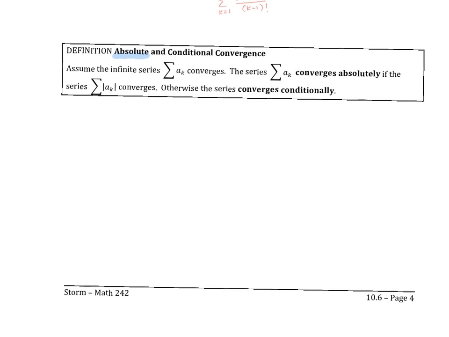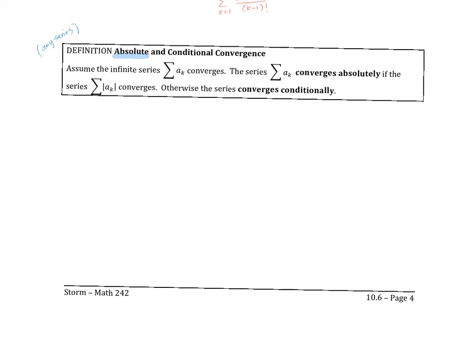This next definition applies to any series. However, we only use it for alternating series. In an alternating series, since the terms go negative, positive, or positive, negative, alternating, we can talk about an absolute convergence of the series.